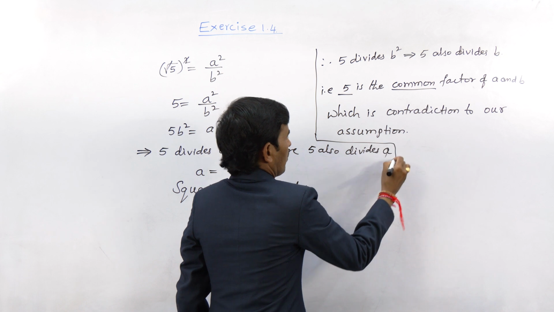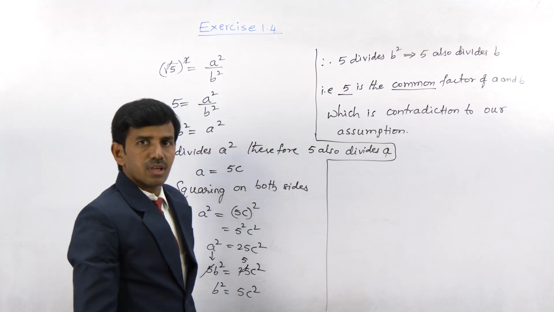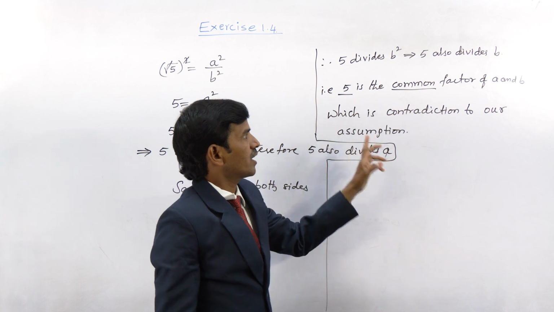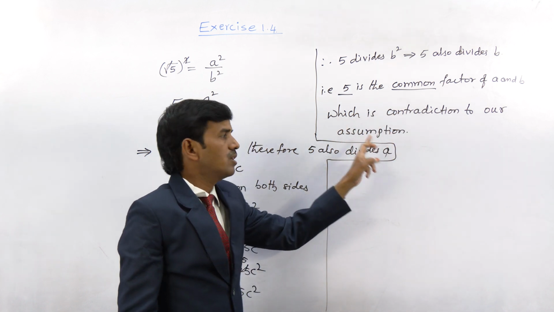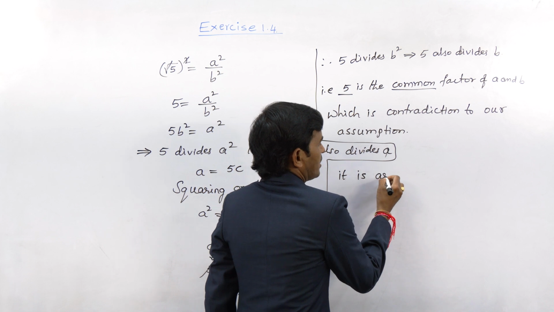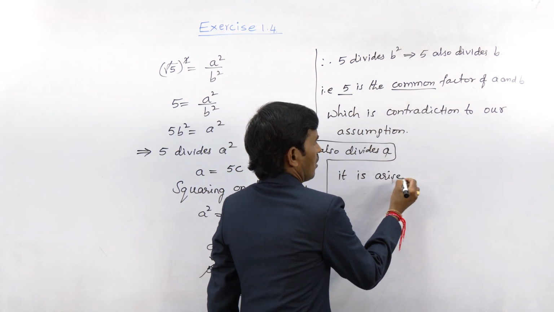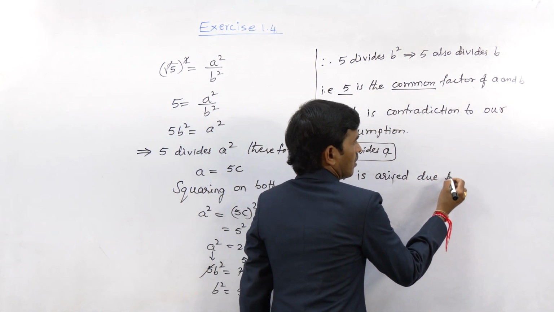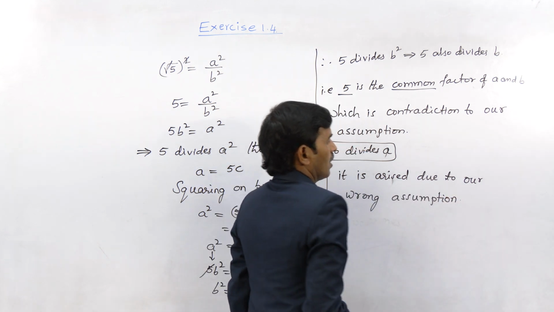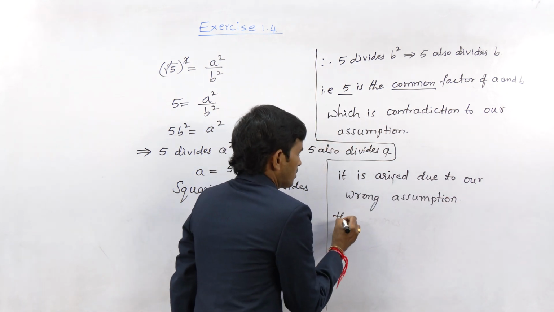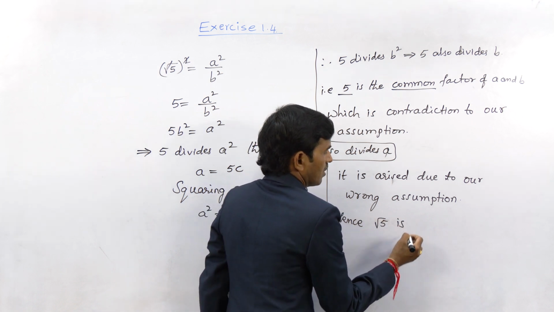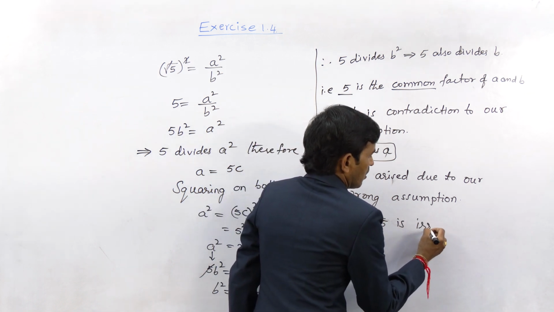Therefore, what is the correct statement then? As 5 is the common factor we are getting, it is a contradiction to our assumption. So it has arisen due to our wrong assumption. Hence root 5 is irrational.